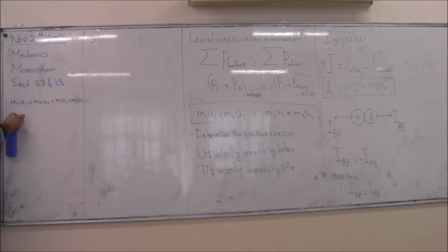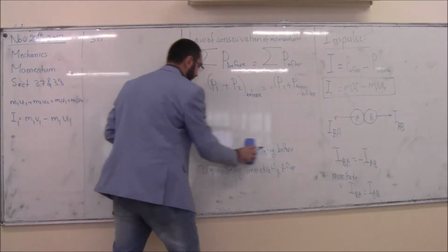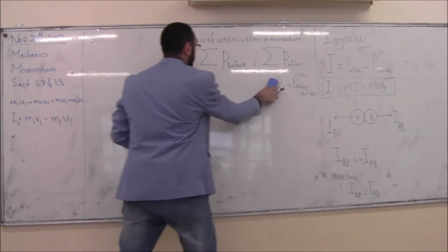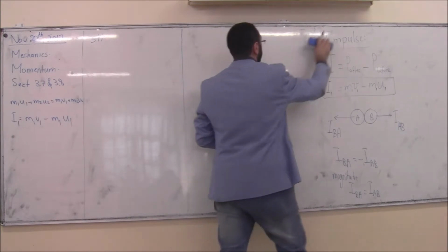The other important formula: impulse equals M1 V1 minus M1 U1. Right? We will use only these two formulas in order to solve the questions.